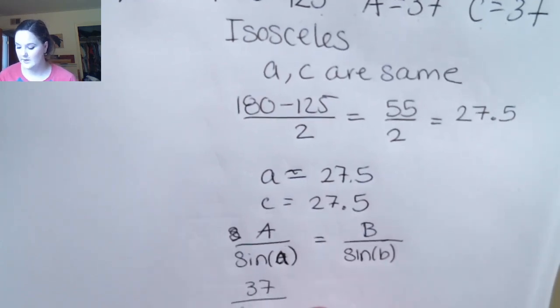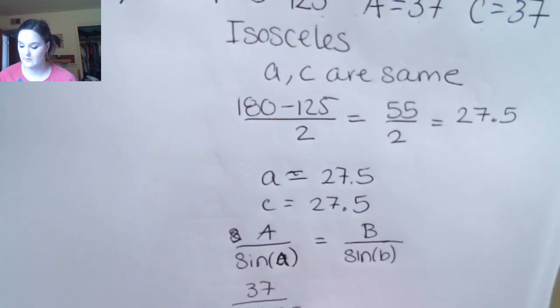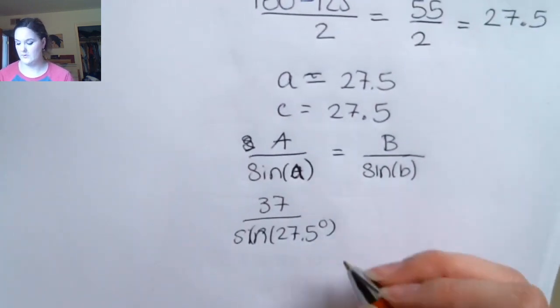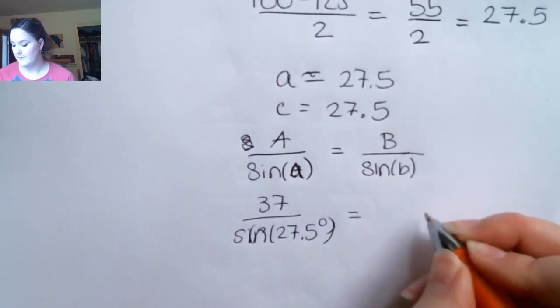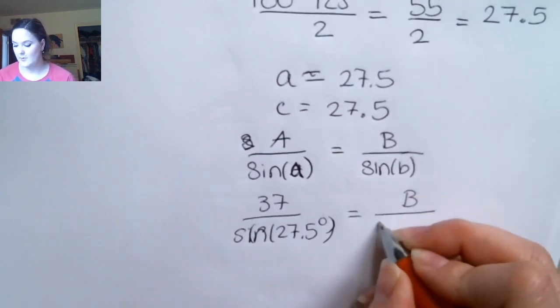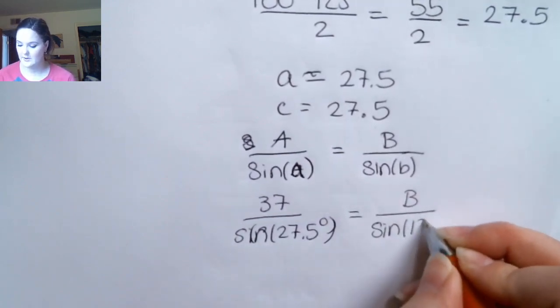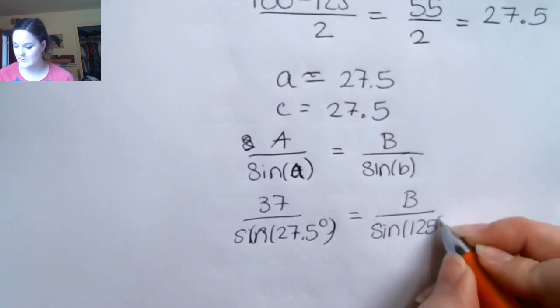We know the angle A is 27.5. We don't know side length B, and we know that angle B is 125 degrees.